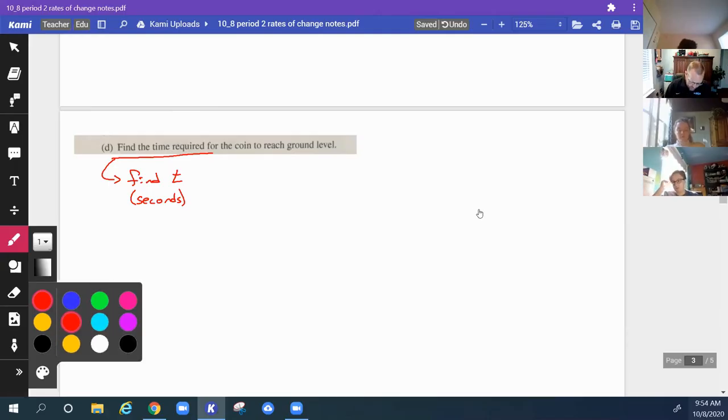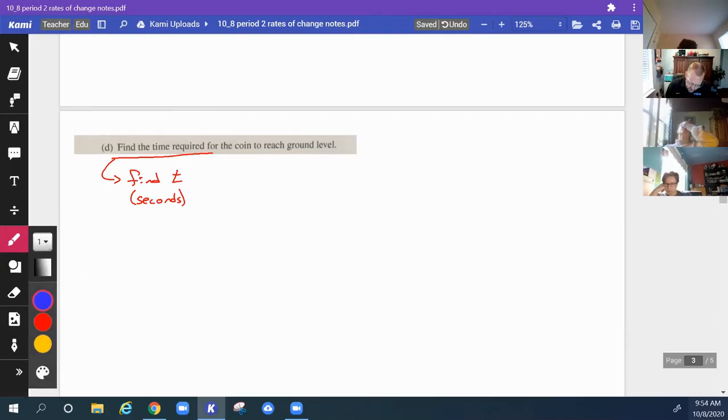And another thing: for the coin to reach ground level, that means my position is 0. At ground level, I'm at 0 position. Remember, my position is S of t. I want to find when that equals 0.